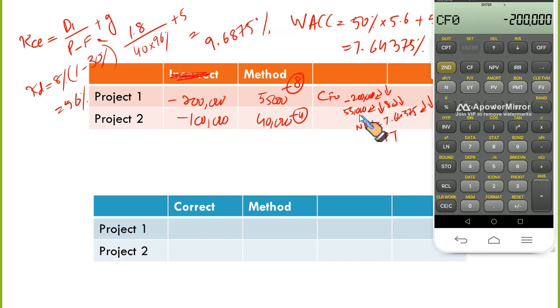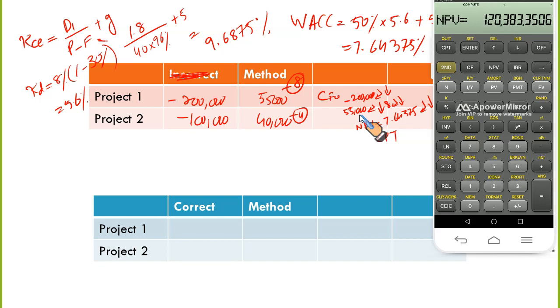200,000 negative, enter, down arrow key. Then we have $55,000, enter, down arrow key. There are 8 such inflows, enter, down arrow key. NPV, enter the interest rate, that was 7.64. You don't need to be that accurate. I'm putting all these 5 places after decimal, 375. Enter, down arrow key, CPT.